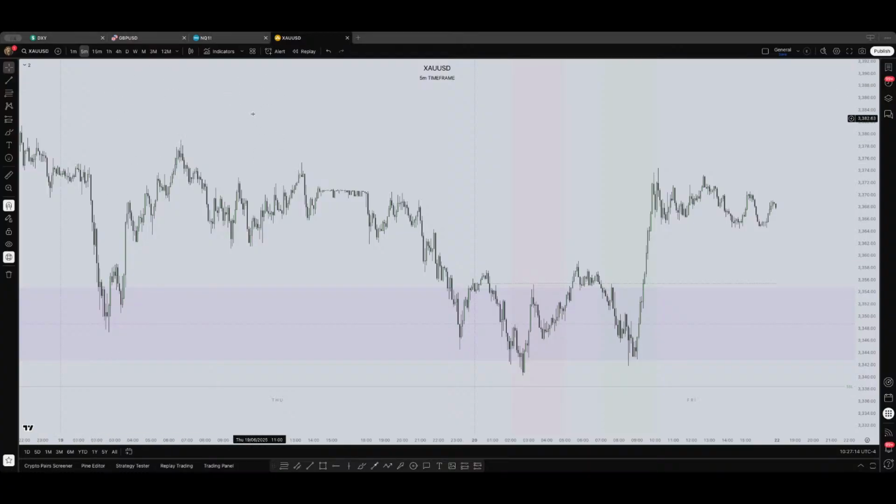So I will share the economic calendar for next week.